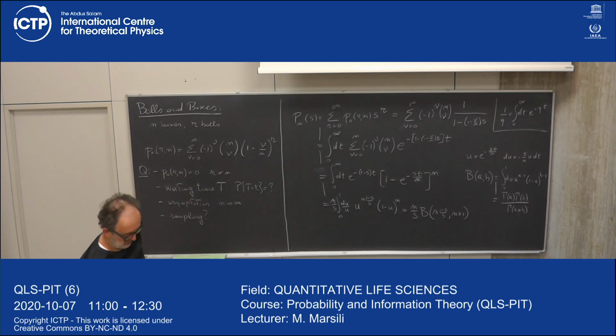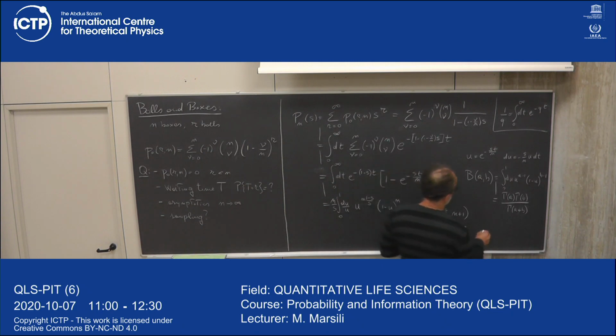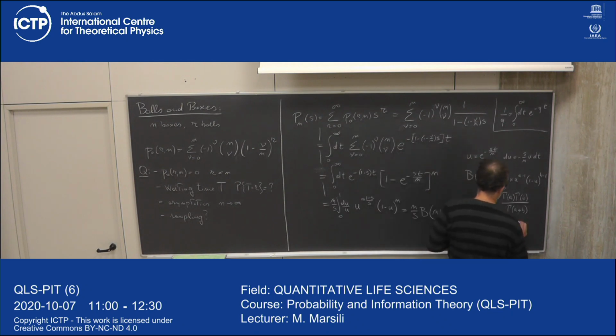Okay, so what makes our life even simpler is the fact that the beta function satisfies the recursion relation that the beta function of a, b plus 1 is equal to b divided by a plus b times the beta function of a and b.